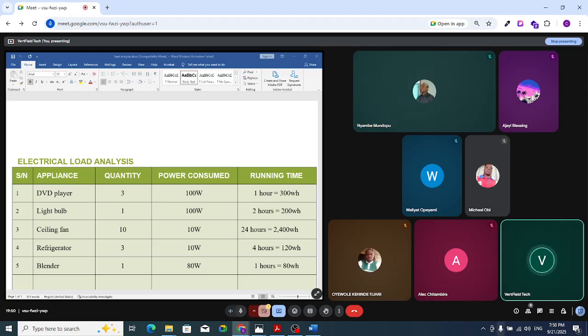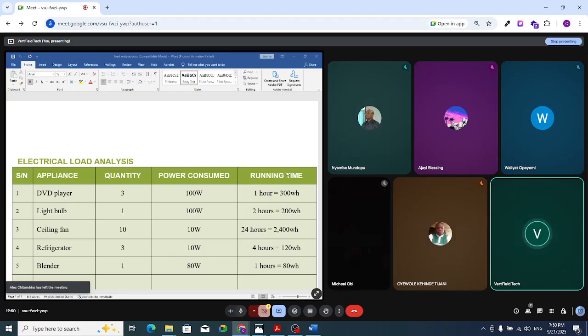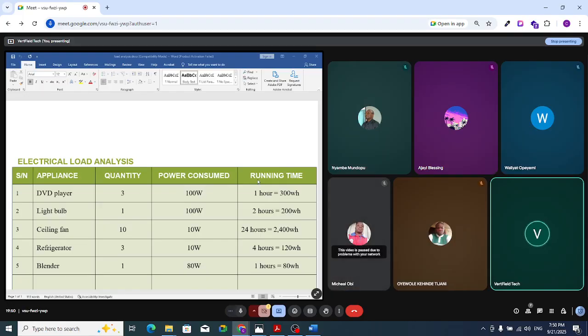We are going to be using a simple formula. Like I told you earlier, everything here on this platform is very simple. Energy consumed is equal to quantity of appliance multiplied by power consumed multiplied by the running time.